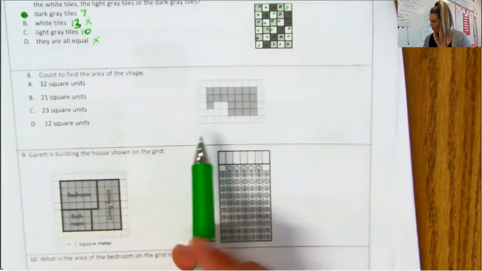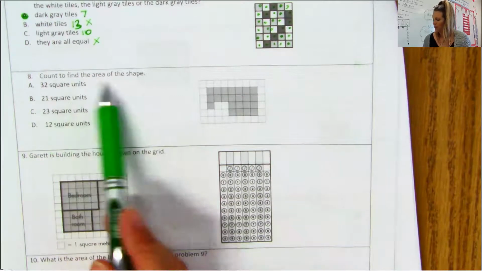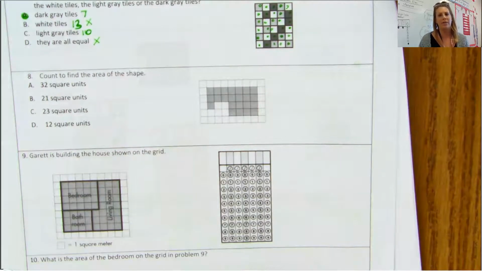All right, count to find the area of this shape. Go ahead and count it or split it up and multiply to find it. You figure it out. Which one is it?